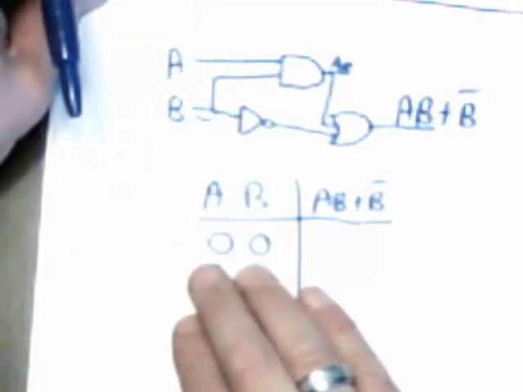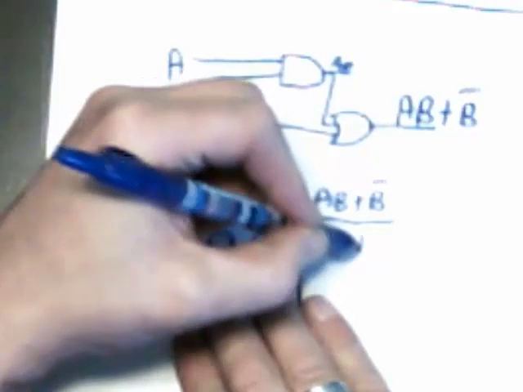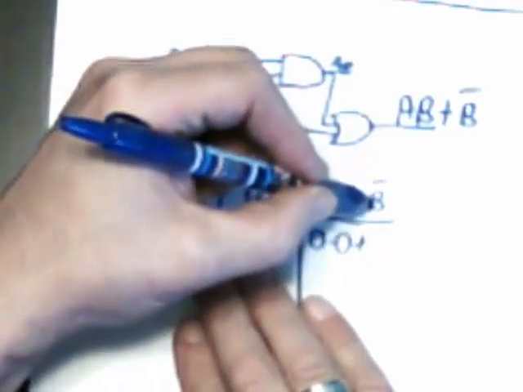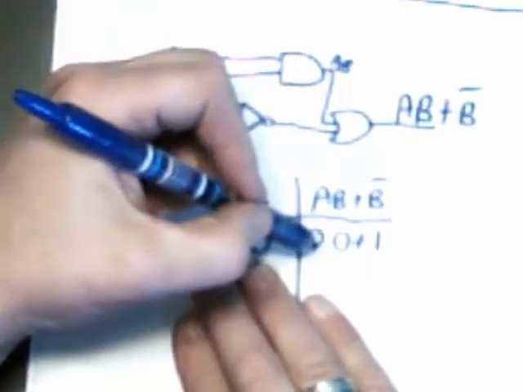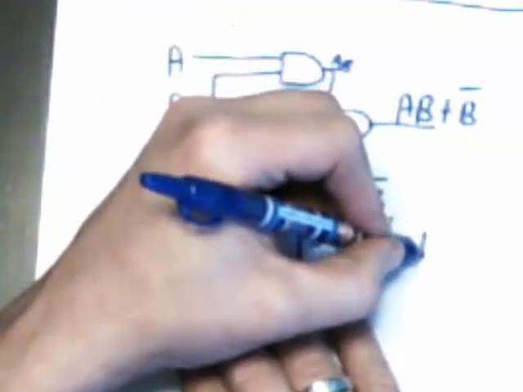So I'm going to put 0, 0 in for A and B. 0 in for A times 0 in for B plus 0 in for B, but it gets knotted to a 1. What is 0 times 0? That's 0. What is 0 plus 1? My output would be 1.